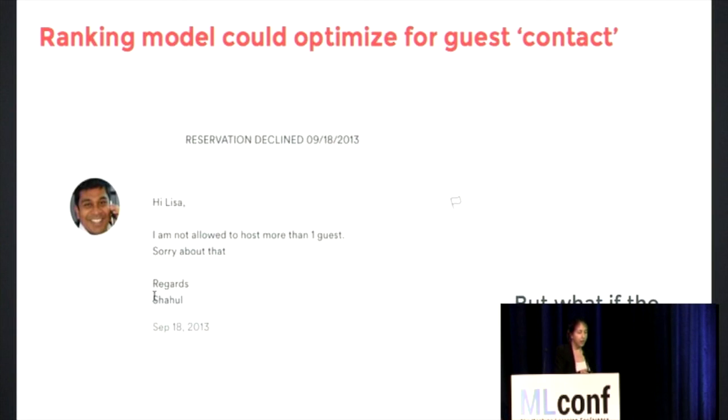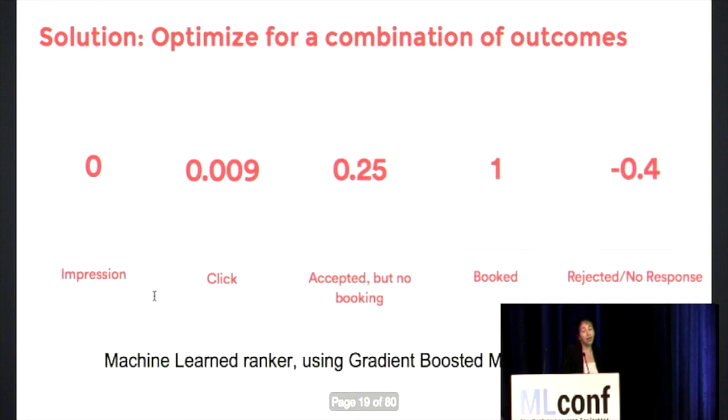So we've iterated on how we can incorporate the right business metric and the right objective function. And right now we have a solution where we're optimizing for a combination of outcomes. So we still have click as a small weight here and some small importance. And then we're looking at whether or not you're accepted. That's a positive. Being booked is the most positive, and being rejected is the most negative.